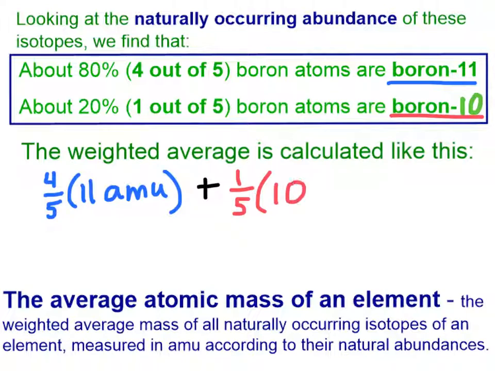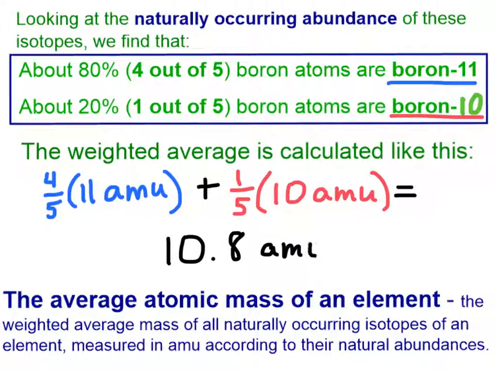So 1/5 times 10 atomic mass units. And when we multiply 4/5 times 11 atomic mass units and we add the product of 1/5 times 10 atomic mass units together, we get this weighted average to be 10.8 atomic mass units. And that is the number that's represented on the periodic table. The average atomic mass of an element is the weighted average mass of all the naturally occurring isotopes of an element measured in atomic mass units according to their natural abundances.